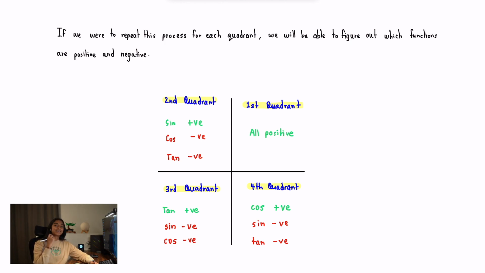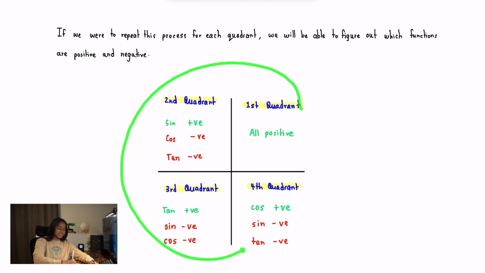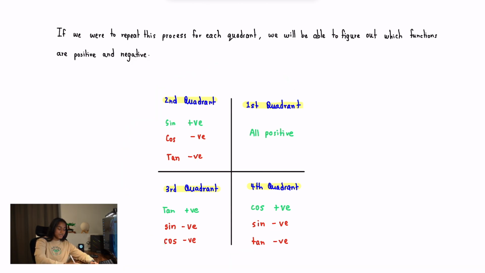And again, I know that some of you will know this. All school teachers cuss. Okay, so going in the counterclockwise direction, we can tell that sine is positive in the second quadrant, tan is positive in the third quadrant, and cos is positive in the fourth quadrant, where the rest are just negative. And in the first quadrant, of course, all are positive.